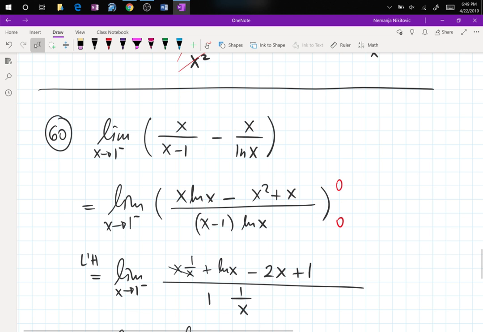So x divided by x minus 1 minus x divided by ln x. What? The answer as approaching 1 should be negative 1. So where's the mistake now?